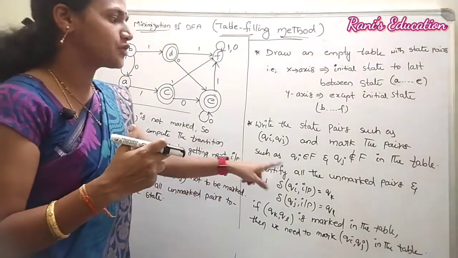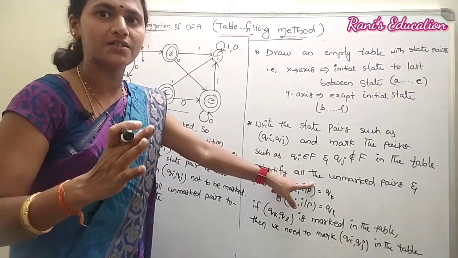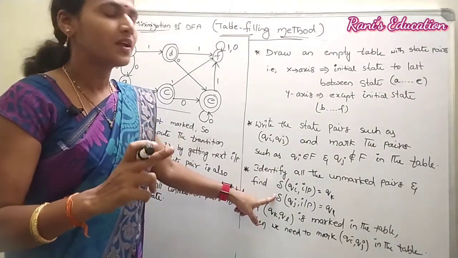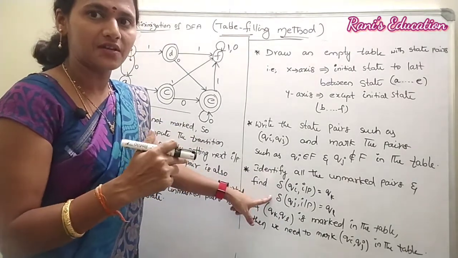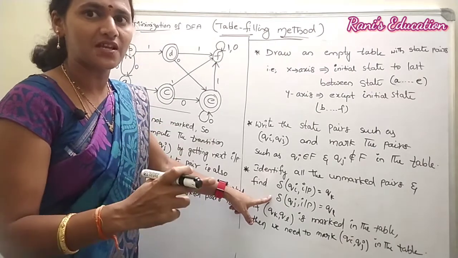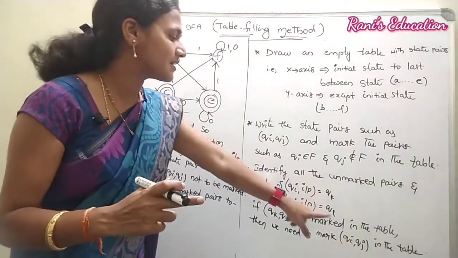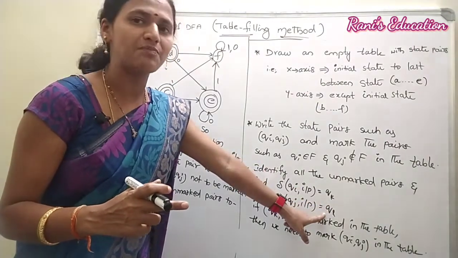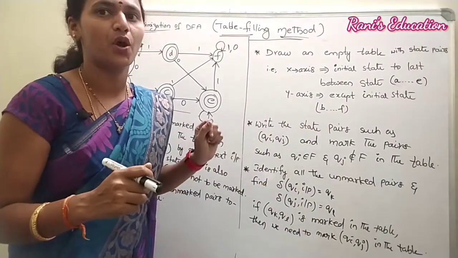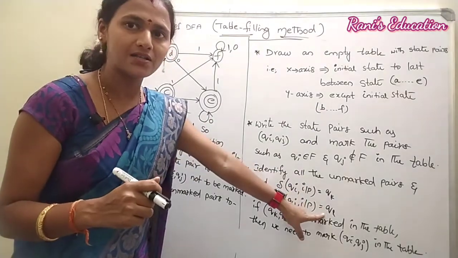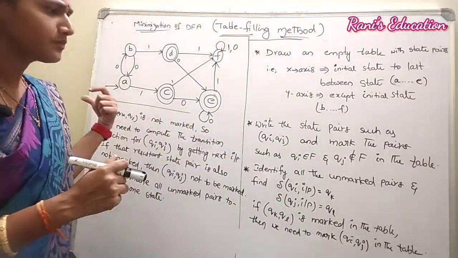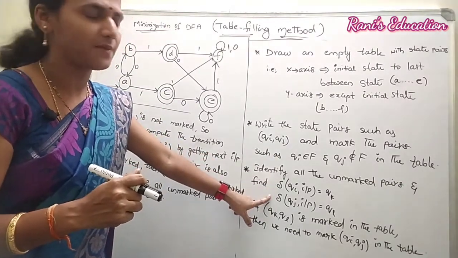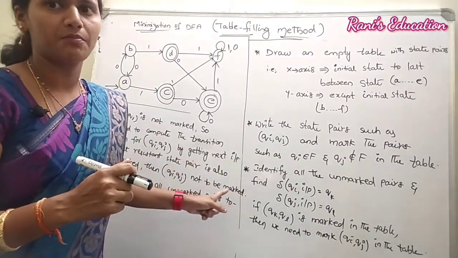Third step, we need to identify all the unmarked pairs and compute the transition function. While computing the transition function with respect to the first input symbol, for the resultant state pair we got, we need to check whether that resultant state pair is marked in the table or not. If it is not marked, then we will go for the transition function for the same state pair with another input symbol.